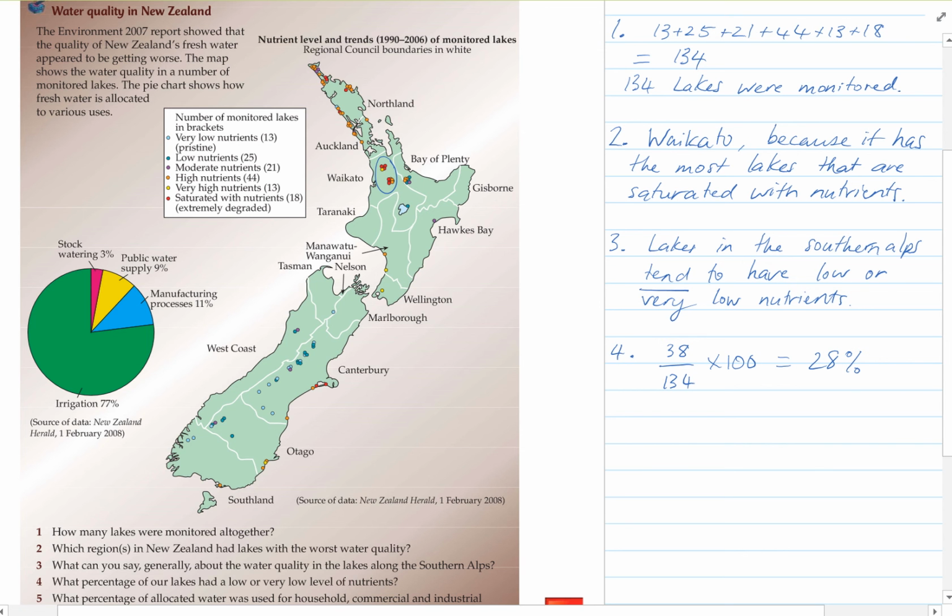Okay, question 5. What percentage of allocated water was used for household, commercial and industrial? So let's see here, we're probably looking at our pie chart. So here's our public water supply, and commercial and industrial will be manufacturing processes, and so that's going to be those two, which is 20%.